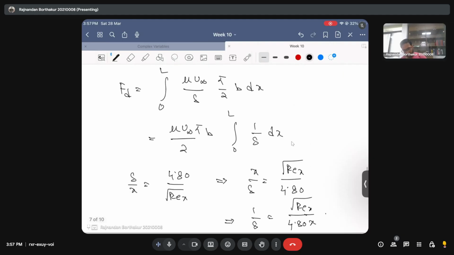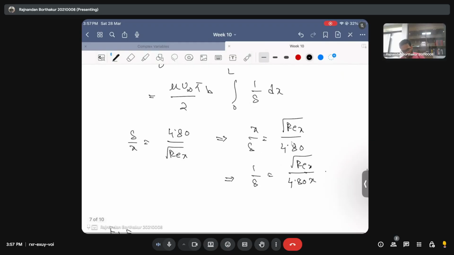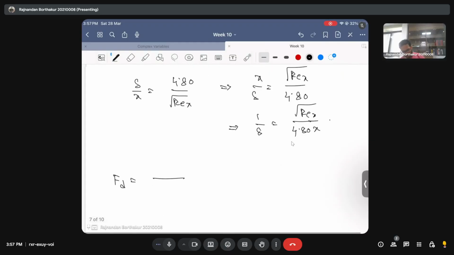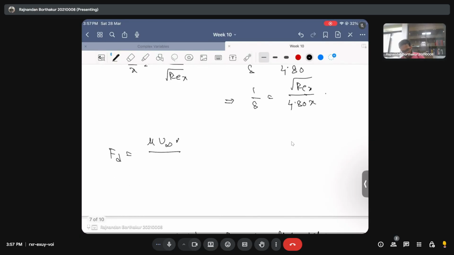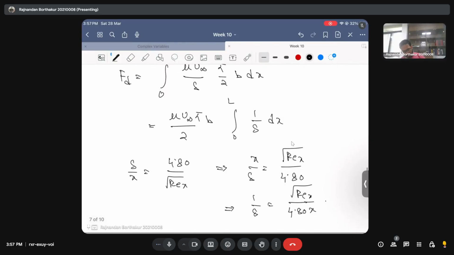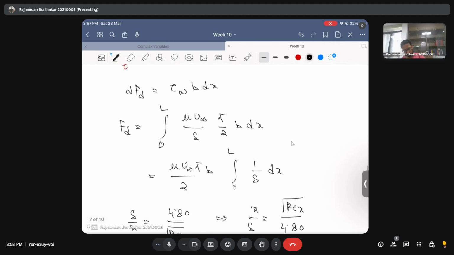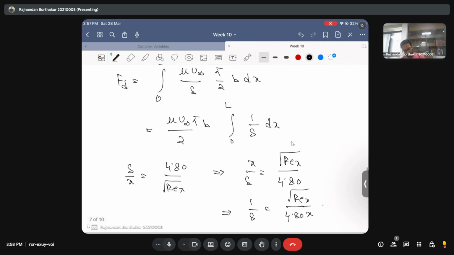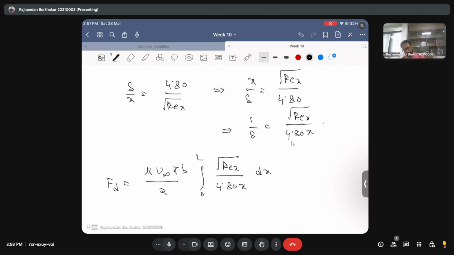Which then means that my drag force is going to be equal to mu u infinity times pi b by 2, integral 0 to L, square root of Re x by 4.80x, dx.